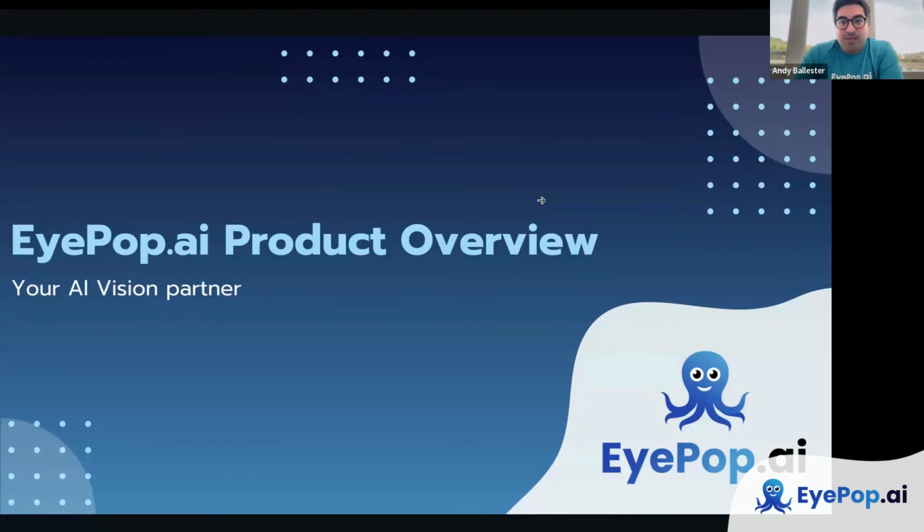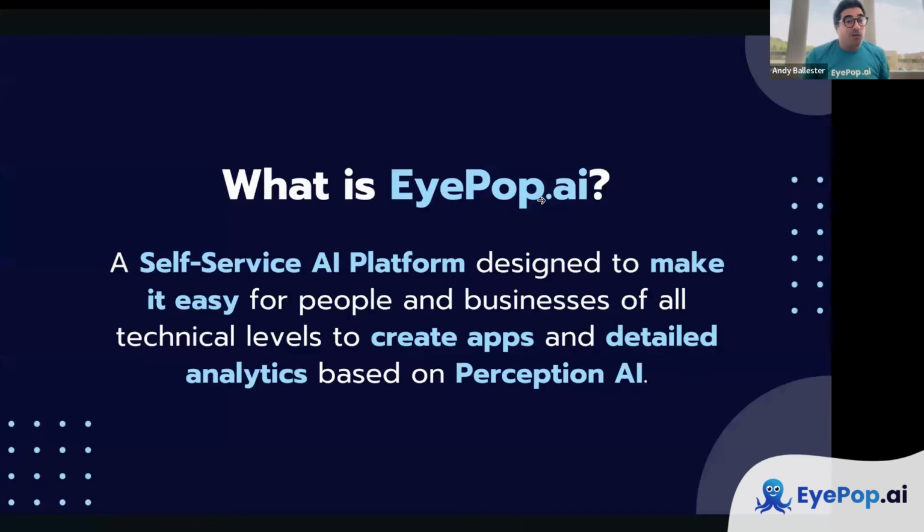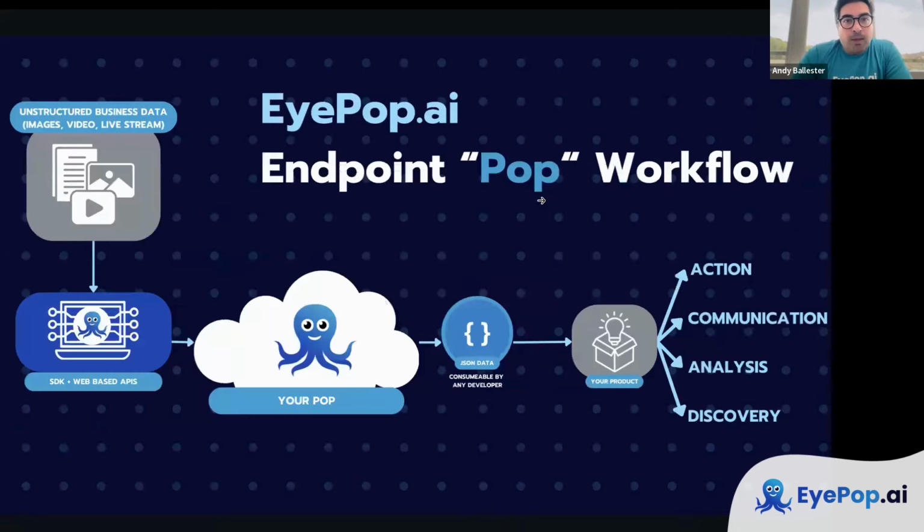What is EyePop? EyePop is a self-service AI platform designed to make it easy for people and businesses of all technical levels to create apps and detailed analytics based on perception AI. We're going to be looking at computer vision today. And how does it work? In a nutshell, we help you create a POP.